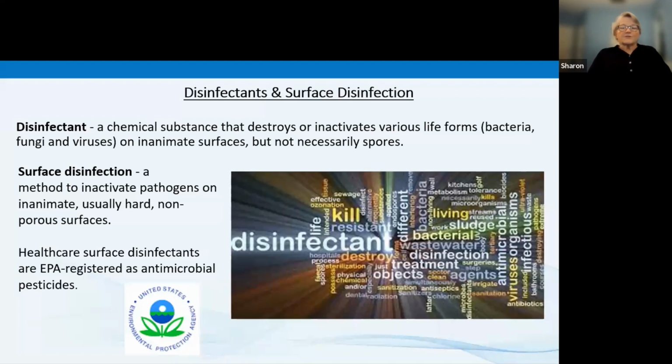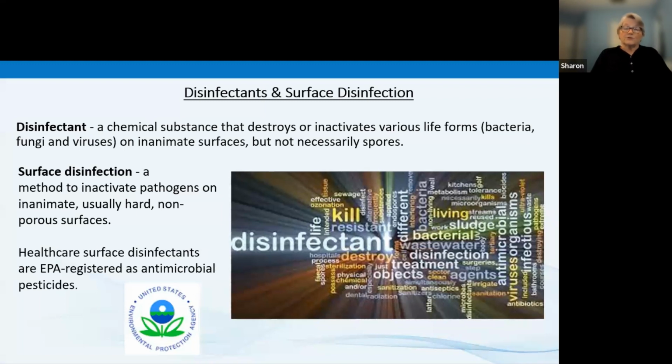Now, the EPA considers a disinfectant to be a hospital disinfectant when it destroys or irreversibly inactivates infectious or other undesirable organisms, but not necessarily spores. Now, EPA-registered hospital disinfectants must have demonstrated acceptable efficacy against three qualifying bacteria.